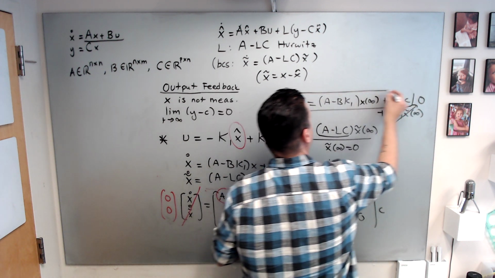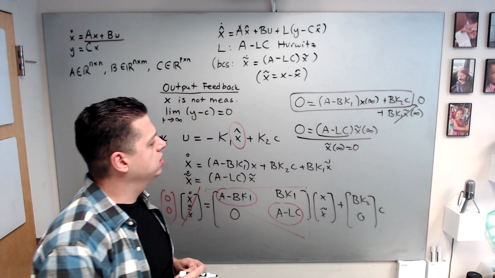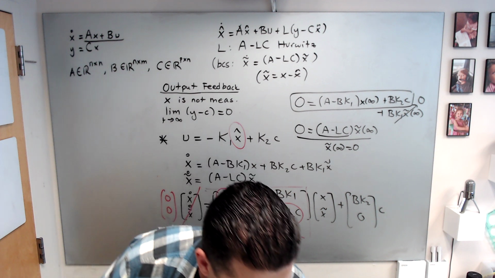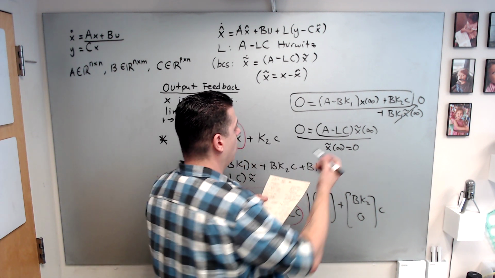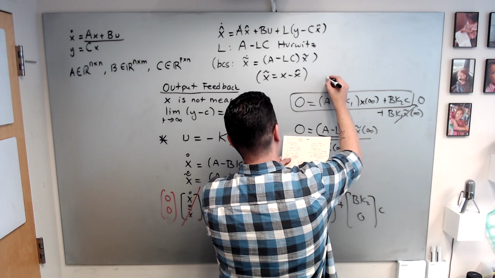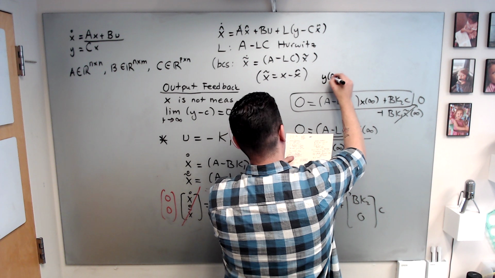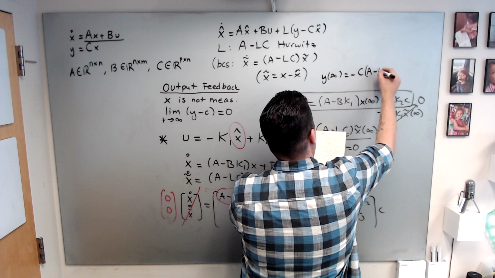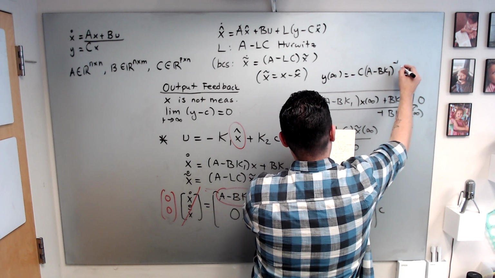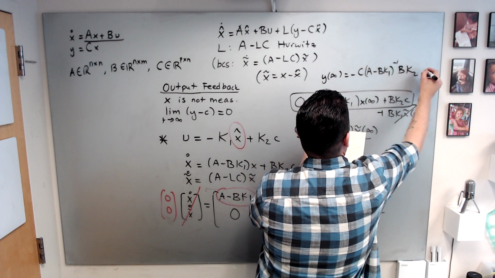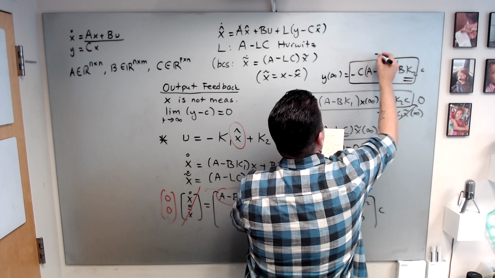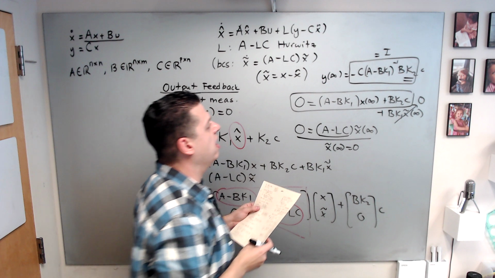So you recover the same equation, the same equilibrium point analysis we did for state feedback. All you need to do is to satisfy this equation, minus C (A minus B K1) inverse B K2 C. Choose K2 to make this identity so that Y will follow the command.